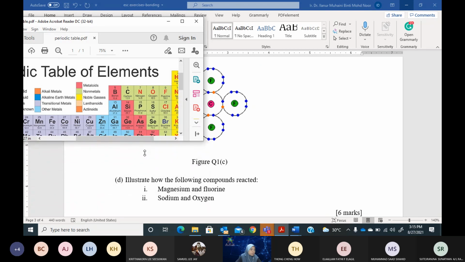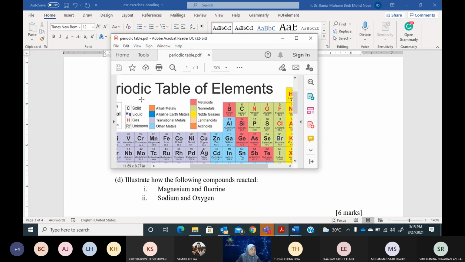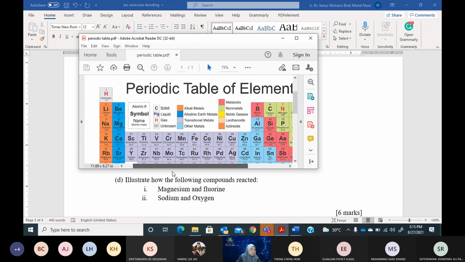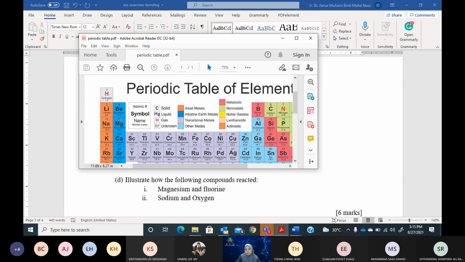Okay, refer to here. Fluorine is 9. Magnesium is 12.